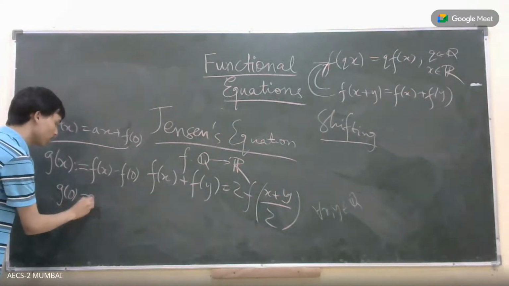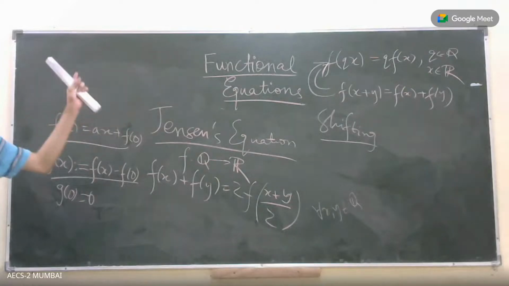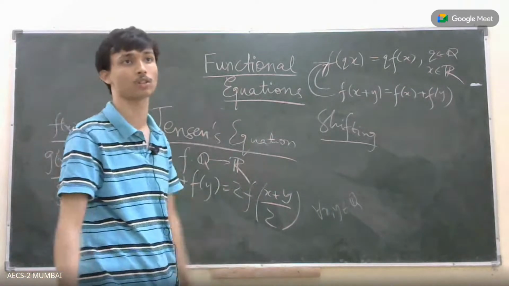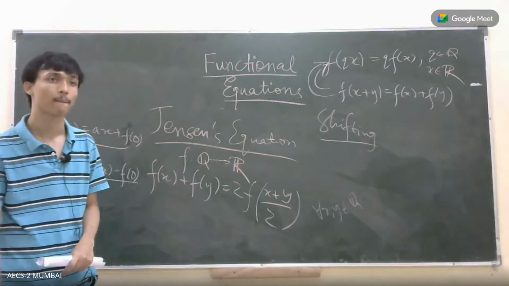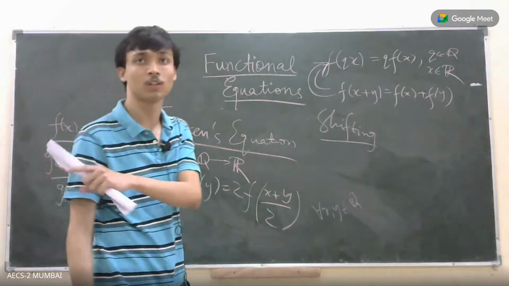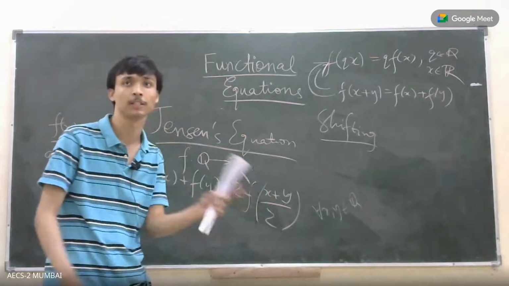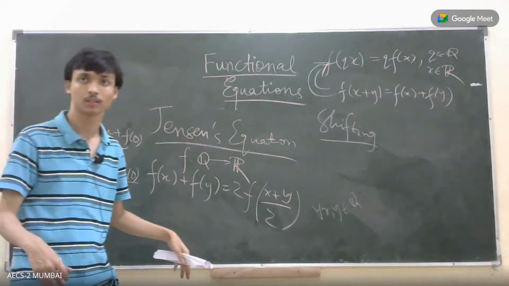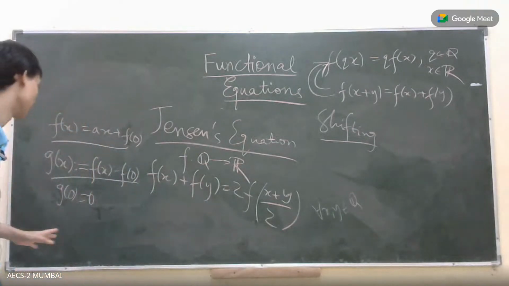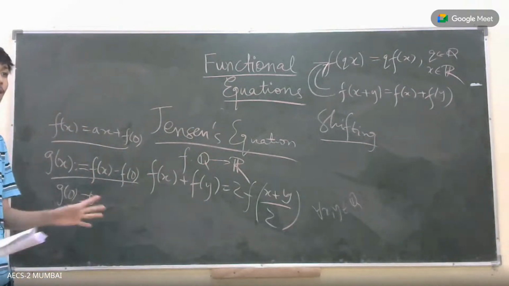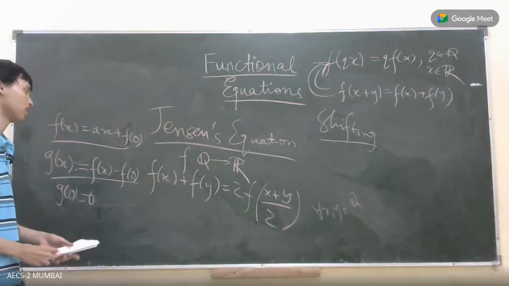This is precisely why I shifted. We saw one example of shifting in the last class also. What was that example? P(A) = P(B) = P(C) = P(D) = 5 and P(B)... We shifted by 5. Why do you shift? So that you can make as many things 0 as possible. g(0) = 0 is certainly a nice thing to look at.